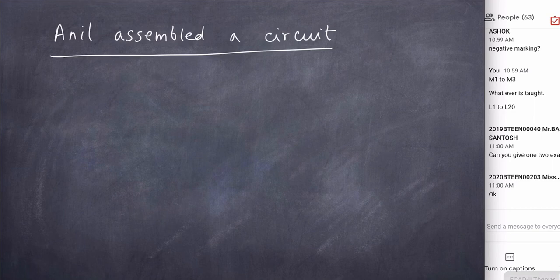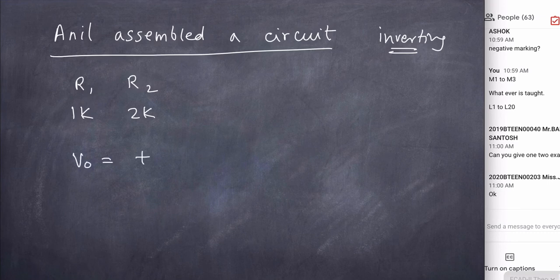Anil assembled a circuit. R1 and R2 were, say, 1K and 2K. For example, an inverting amplifier. He assembled an inverting amplifier, but he observed V output to be plus Vsat. Now what may be the reasons?